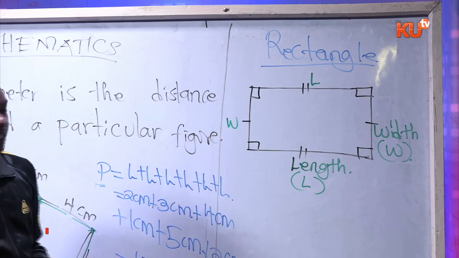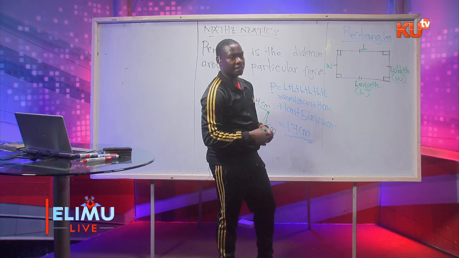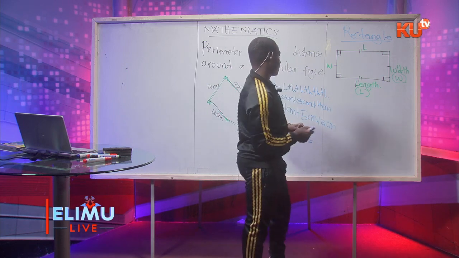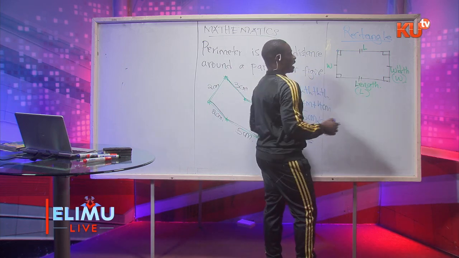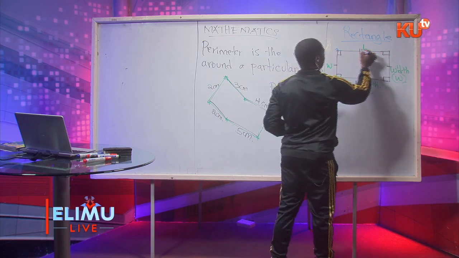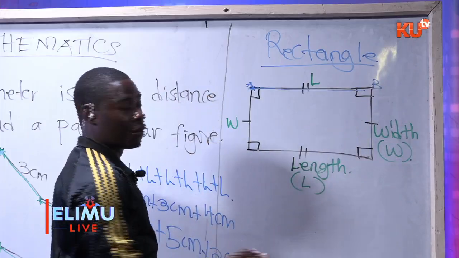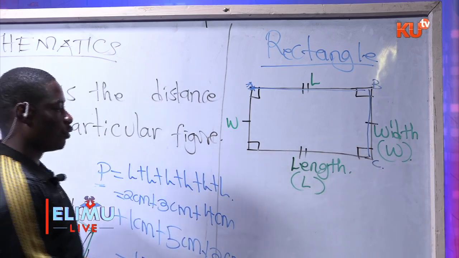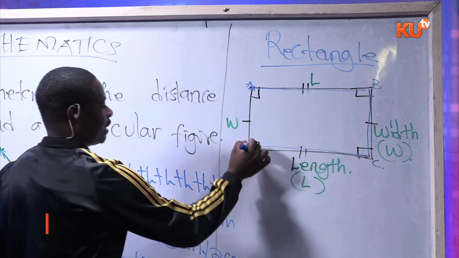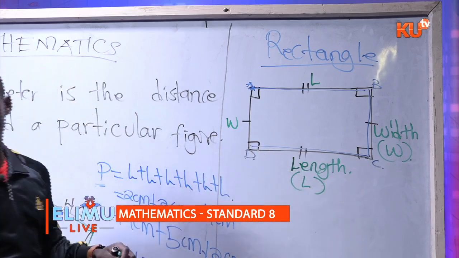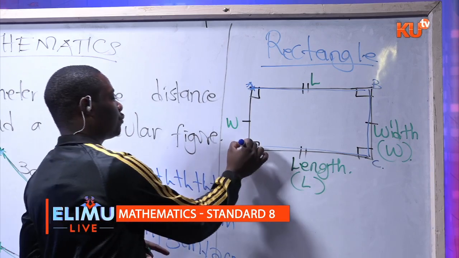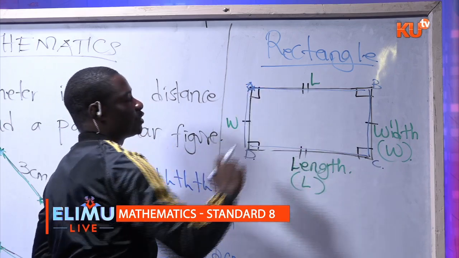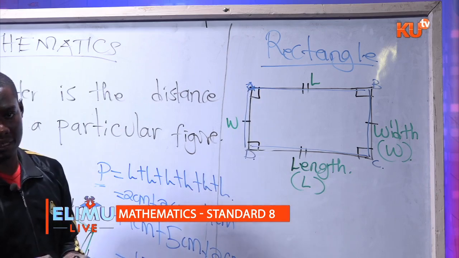Now from my explanation, perimeter is the distance around the whole figure. So if I get the perimeter of this figure, I will move from point A up to point B, from point B all the way up to point C, and then from point C all the way up to point D, and I will not stop at point D. I will have to go back to point A. When I do all this, this is what we call perimeter.